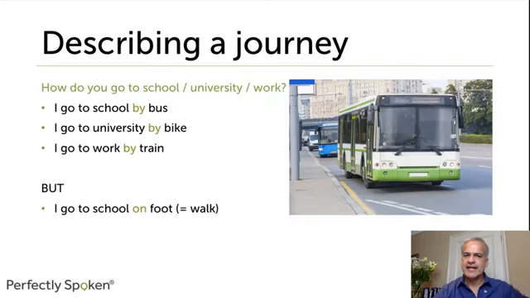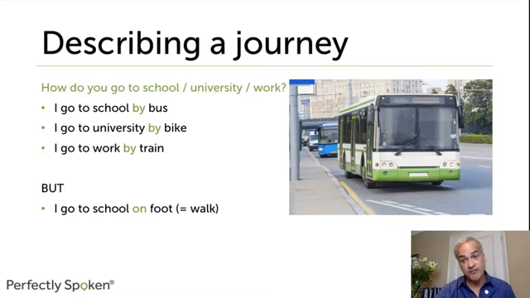Now, describing a journey. So, what about you? How do you go to school or university or to your job, your work? So, look at the example. I go to school by bus. Very important. By, the preposition. I go to university by bike.